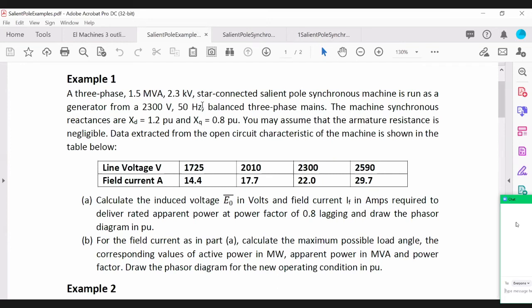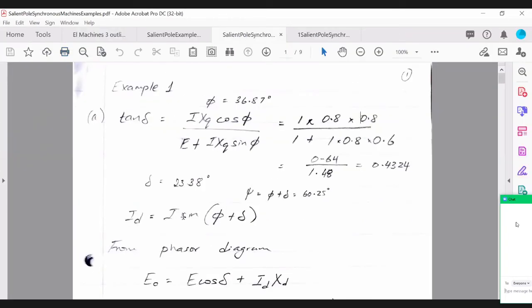So if the machine is operating at rated power and rated voltage, if we look at example 1, as I was explaining, we're going to use this equation that we've derived.